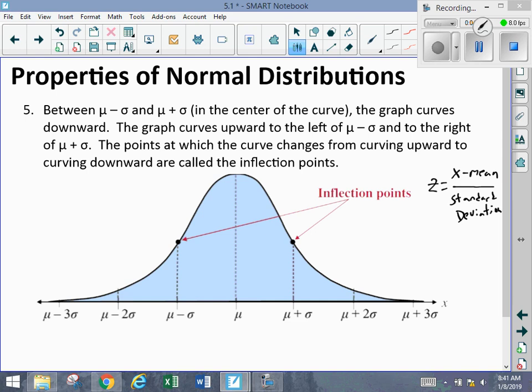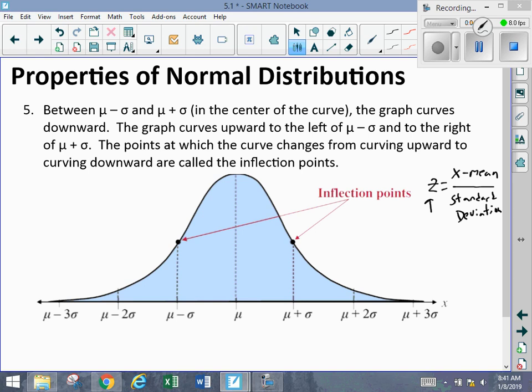And we came up with this z, right? And the z just tells us how many standard deviations away from the mean a certain number value is. So you guys have this picture written down somewhere at some point in your notes.